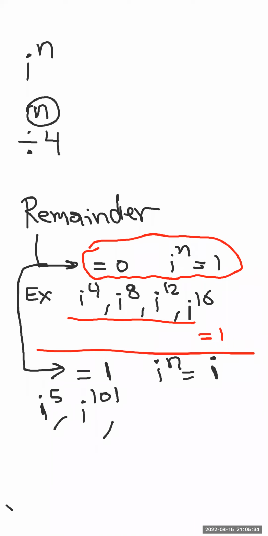What else? i to the power 13 also, because 13 divided by 4, using the calculator, will equal 3 point something. So the whole number is 3. Now, 3 times 4 is 12. So the remainder from 13 is 1. So also here the remainder is 1. In this case, all these numbers will equal i.